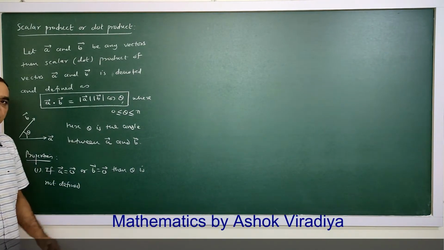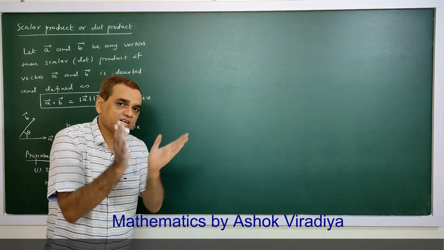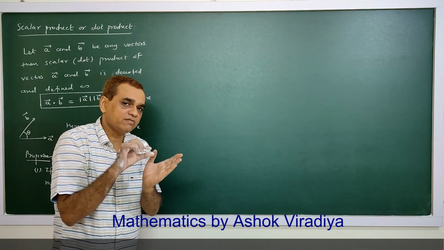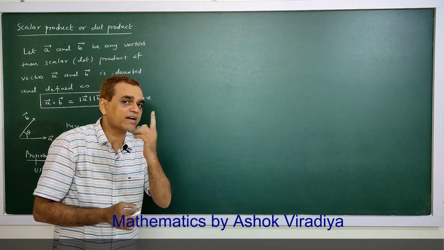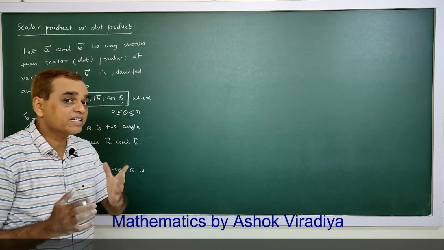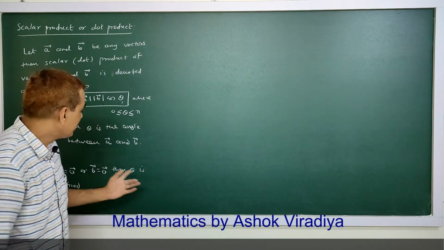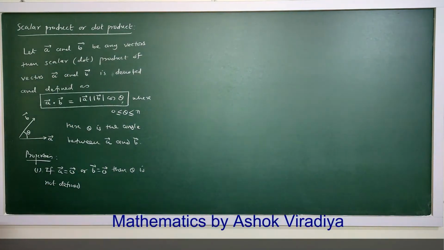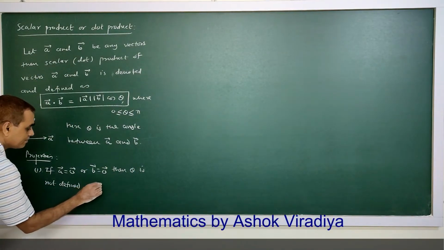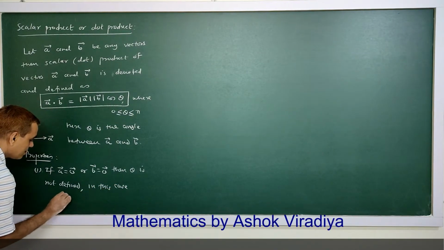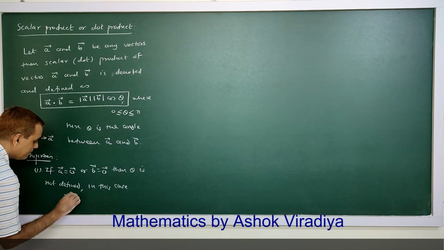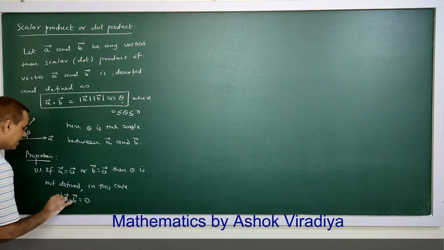Because to define theta, there must be two vectors. If any one is a 0 vector, you have only one vector, and only one vector doesn't create any angle theta. So theta is not defined. So in this case, the dot product of A bar and B bar, we take as 0.